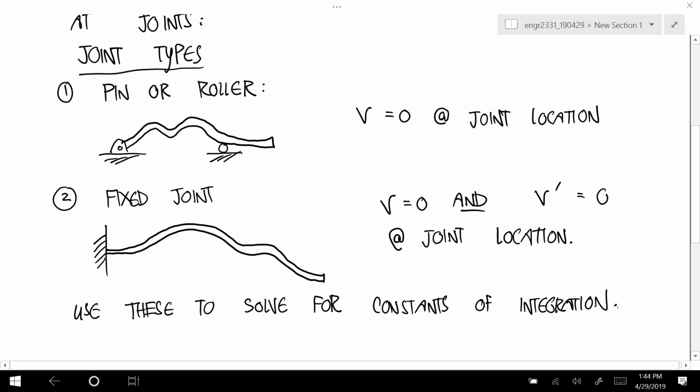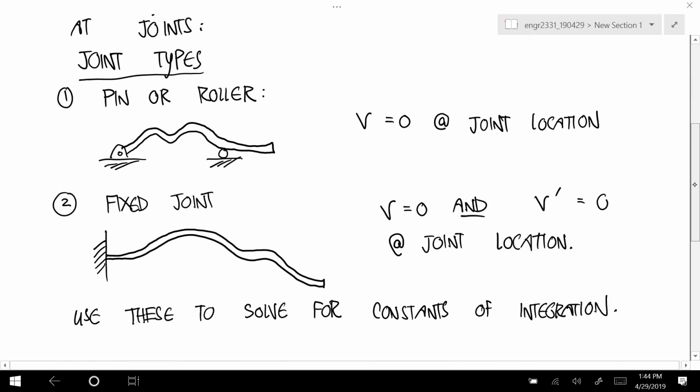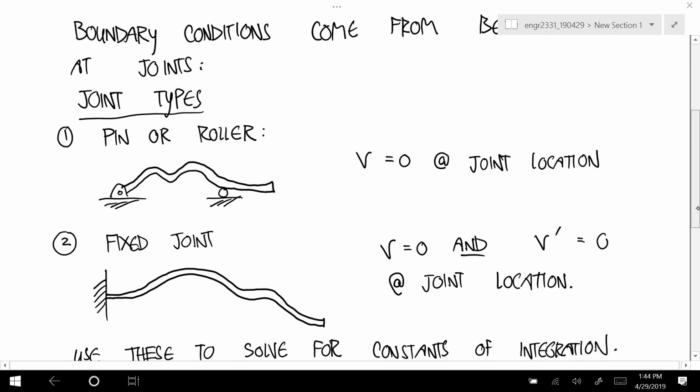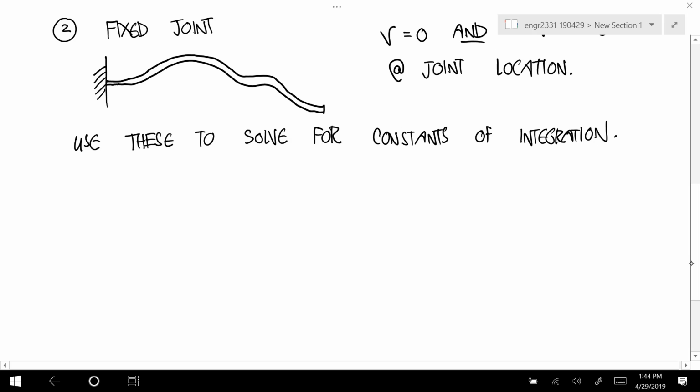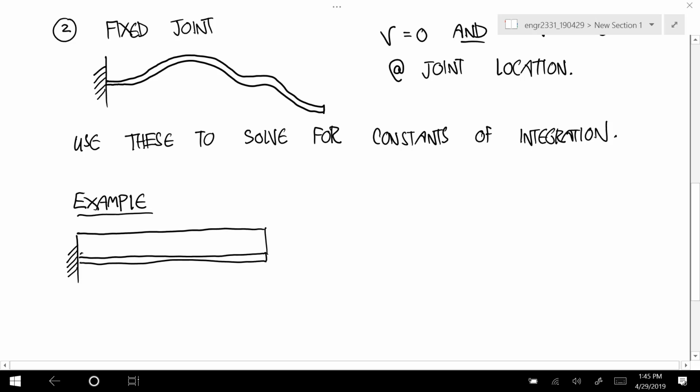Okay, let's see. So let's do this example. Let's say that we have a cantilever at the left. Beam goes out to the right. And there's a distributed load acting on the beam with a magnitude of 10,000 newtons per meter.